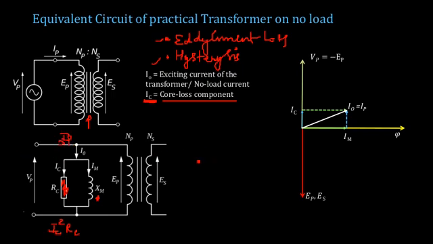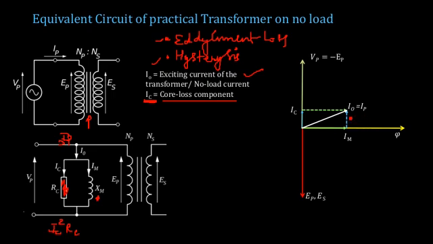This IP will be used for two purposes: one, to magnetize the core; other, to support the core losses that happen in the system. So you can say that your I0 is the exciting current of the transformer, or the no load current of the transformer, which is equal to the primary current IP.